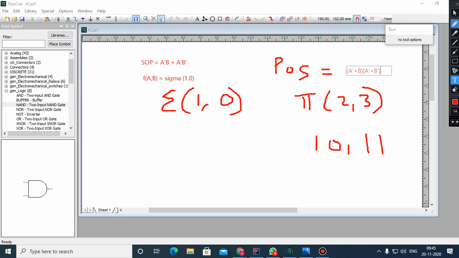Beta, it is A, so it is 0 and it is 1. What is the decimal equivalent value of 0 and 1? That is 1. And if it is 0 comma 0, the decimal equivalent is 0. So you need to find out the decimal equivalent of the binary representations.